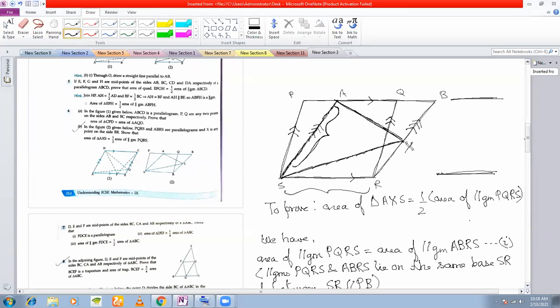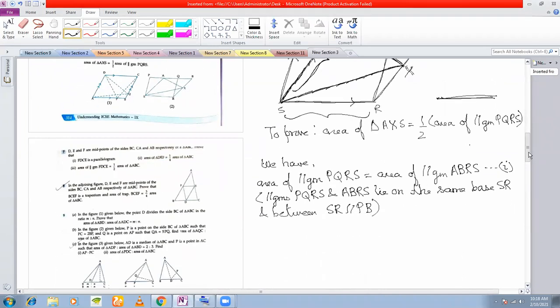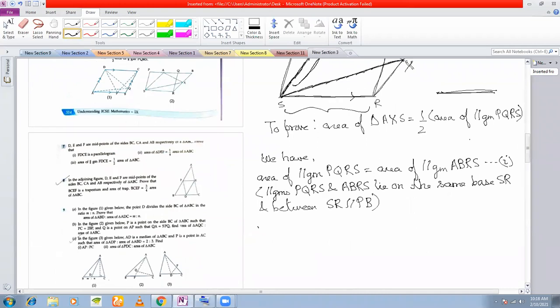Therefore, again, area of AXS must be equal to half of ABRS. So we write that. So also, area of triangle AXS is equal to half area of parallelogram ABRS.